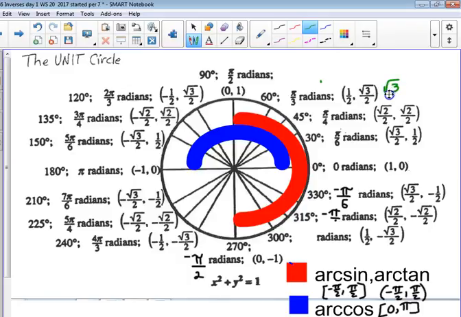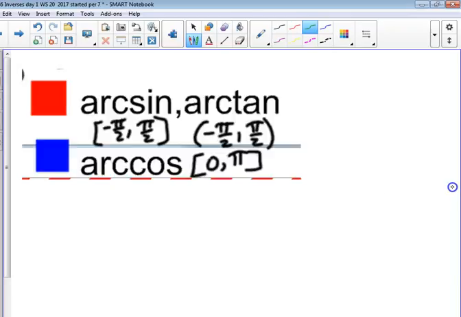You can't write that on your unit circle, though. You have to know how to find that. The tangent here would be square root of 2 over square root of 2, or 1. The tangent here would be 1 over square root of 3, which would rationalize to be square root of 3 over 3. Everybody okay? Tangent? Same values happen down here, but they're negative. So tangent is tricky. All right, back to what we're doing today.